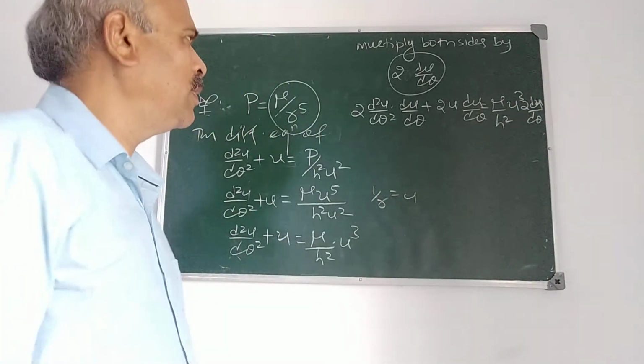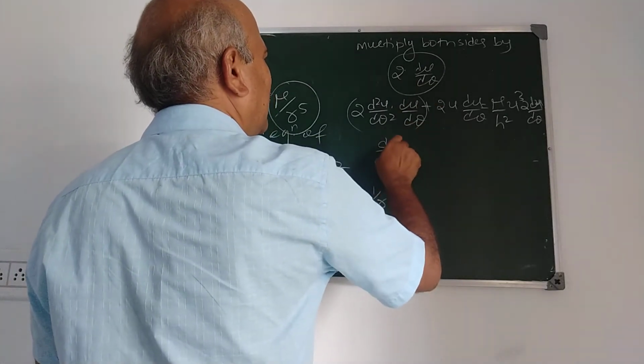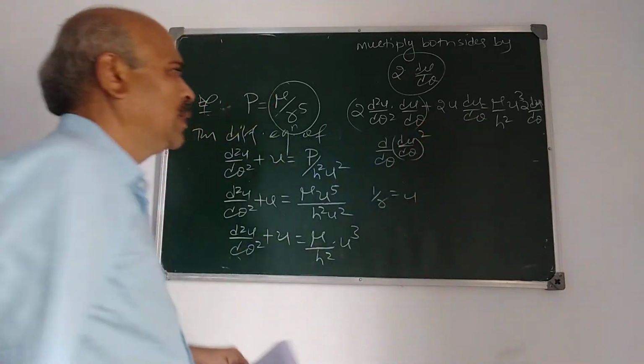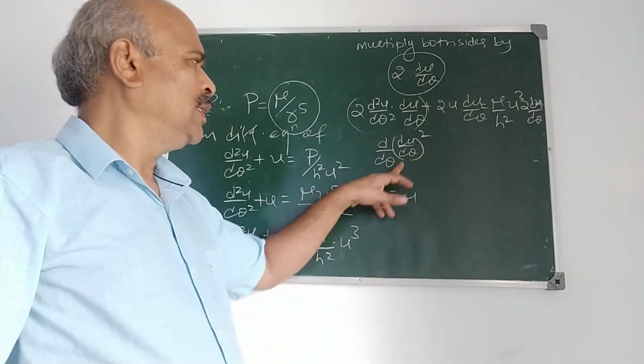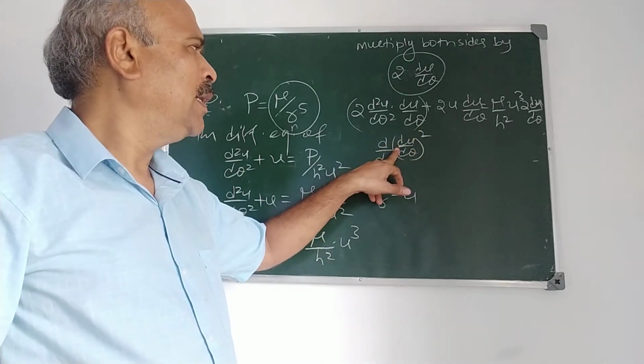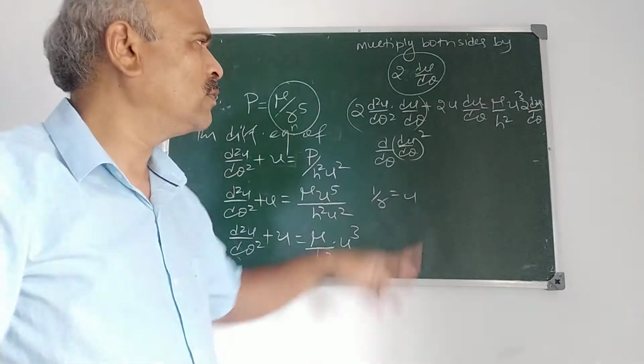That is an important step. Now what is this? This is d by d theta of (du by d theta) whole square. You can verify, because what is d by d theta of (du by d theta) whole square? 2 du by d theta into differentiation of du by d theta, which is d2u by d theta square.